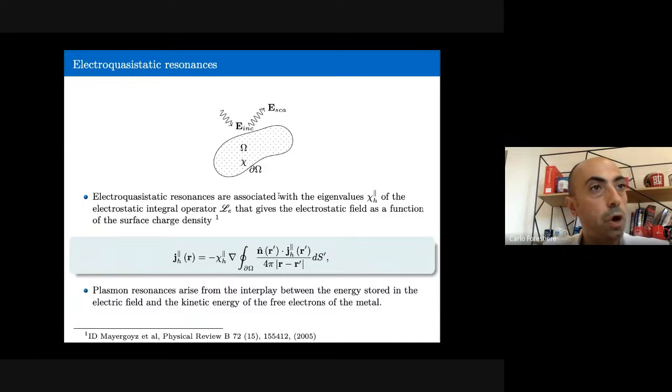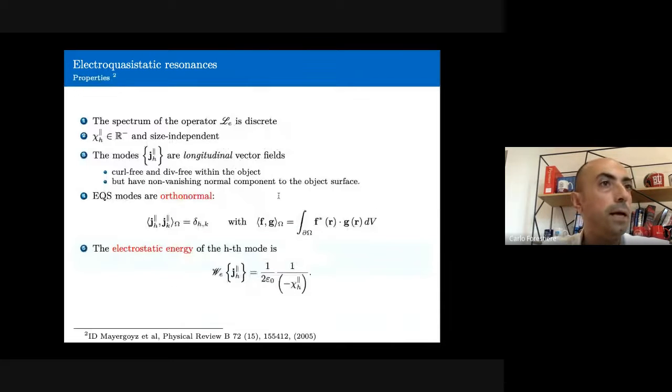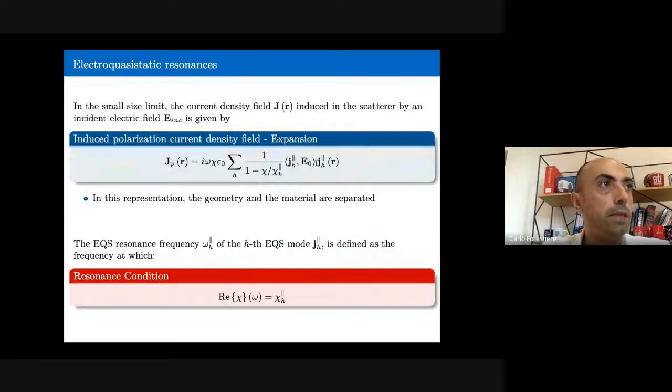By looking at the properties of this operator, we can derive all the properties of plasmon modes. In particular, by using the modes of this operator, the eigenvectors of that operator, it is possible to represent the induced current density in terms of these modes.